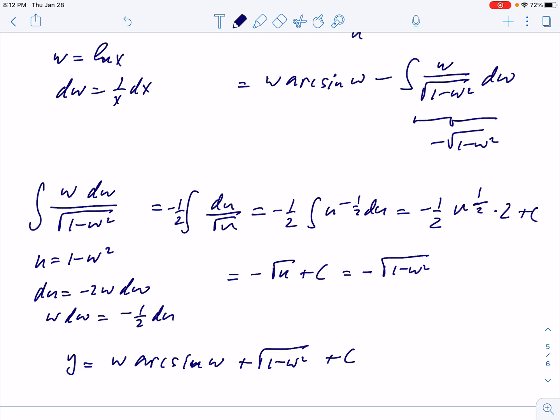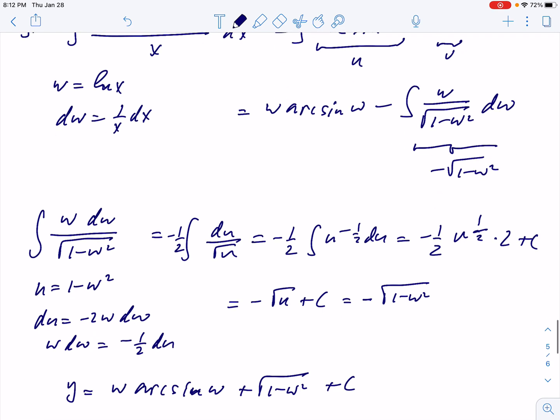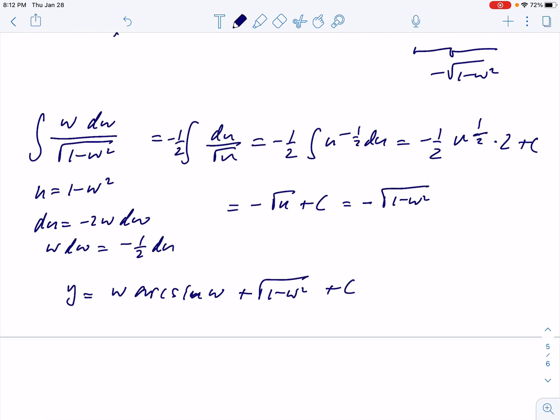And what was now w? w is logarithm x. So this will be natural log x arc sine natural log x plus root 1 minus natural log x squared, and plus c.